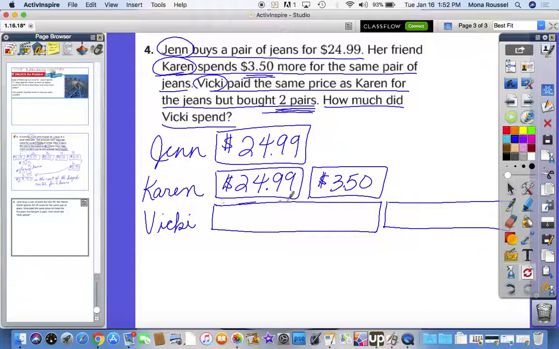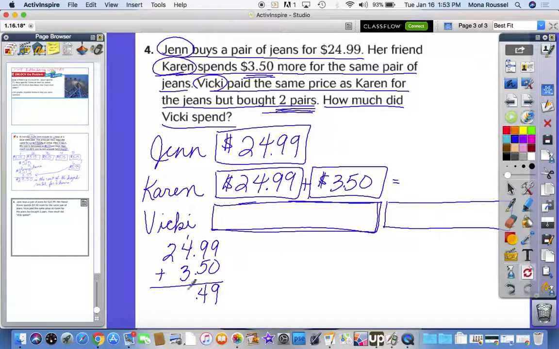If this first empty box and the second one both represent the amount Karen paid, we need to go back and compute this amount. How much did Karen pay? Well, she paid $24.99 plus the $3.50. So we would add those two amounts together to get the amount that Karen paid for her pair of jeans.